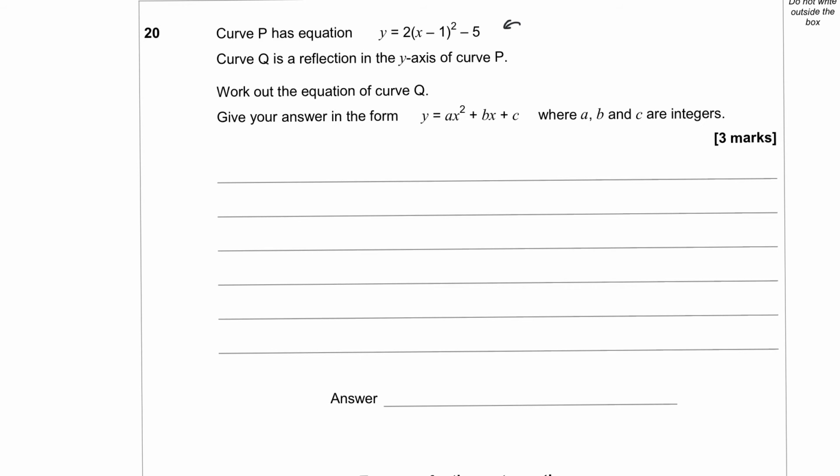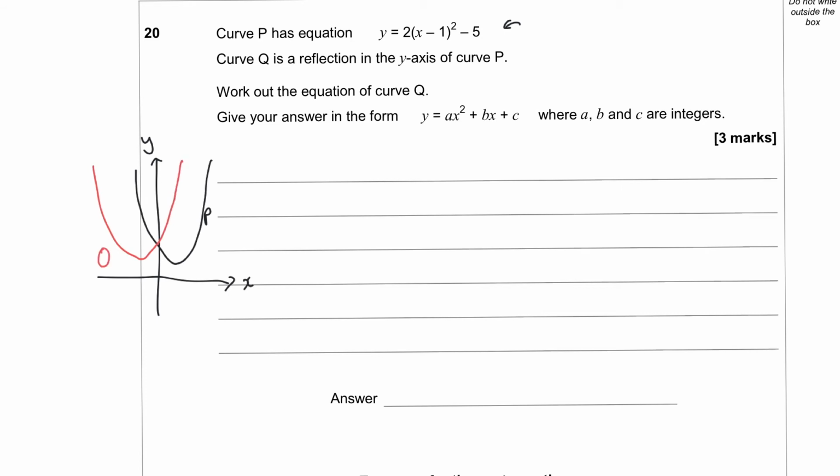What we need to do is, because curve Q is a reflection in the y-axis of curve P, roughly draw a sketch, because it's always nice to visualize things. So let's say this is P, then if Q is reflected in the y-axis, it would be like this.